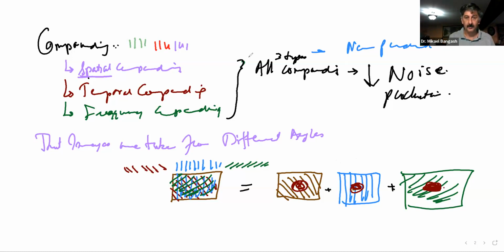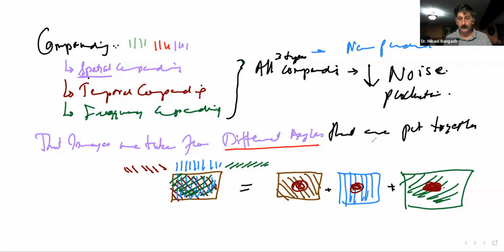So the main thing is images taken from different angles that are put together. Why different angles? Because that pertains to space, or spatial.